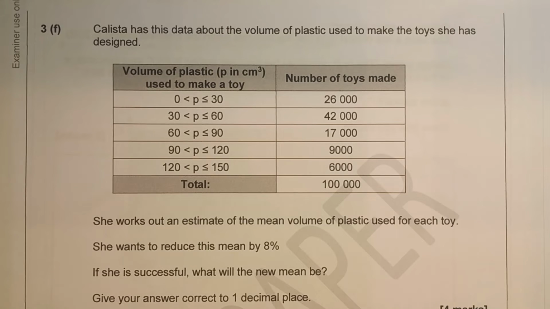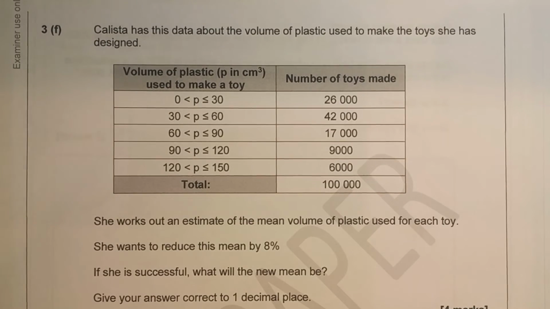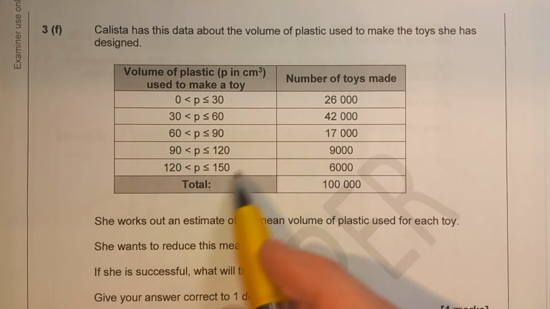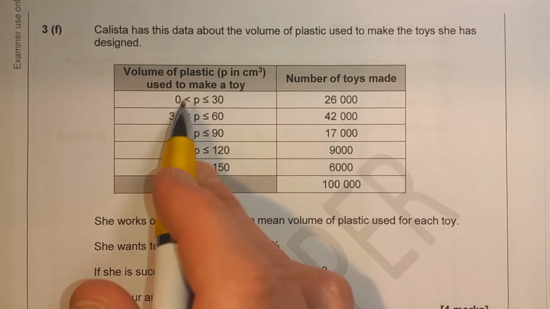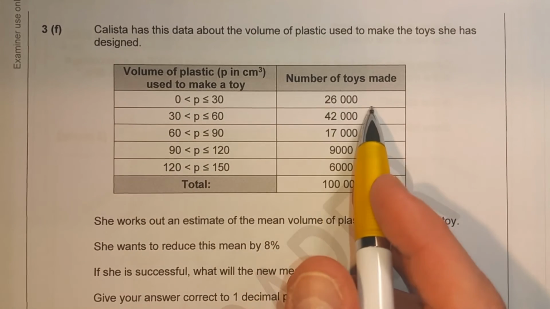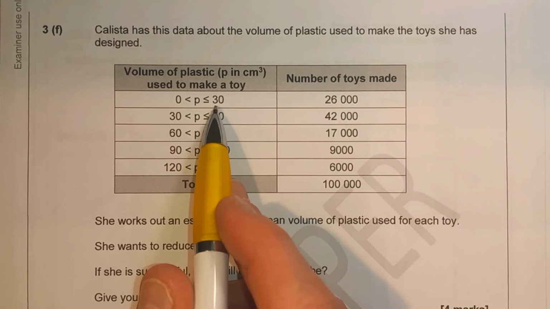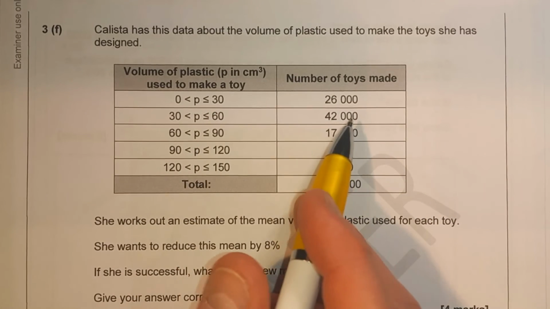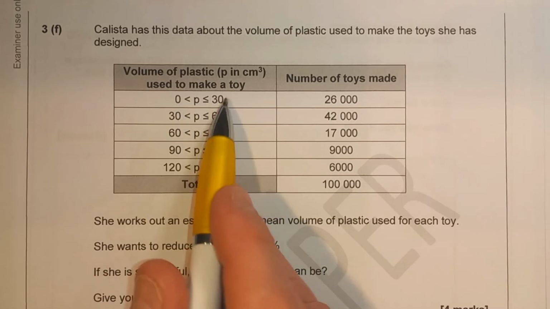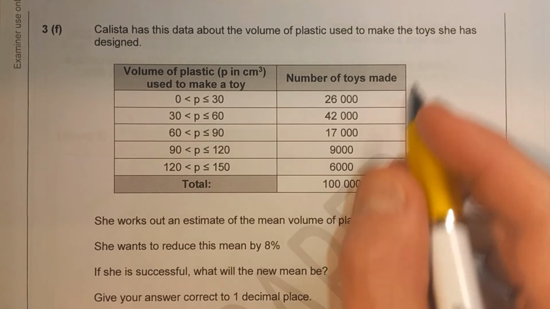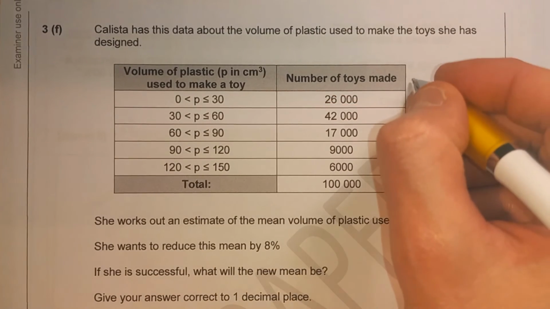Right, well, if we want to know what the new mean is, we need to work out what the old mean is first. Whenever we're working with ranges, we don't know exactly what values these are referring to. So it could be 26,000 toys that used exactly 30 centimetres cubed of plastic. It could have been that some of them used nearly nothing, some used 10, some used 20 in this range. So what we do, this is the estimating bit.